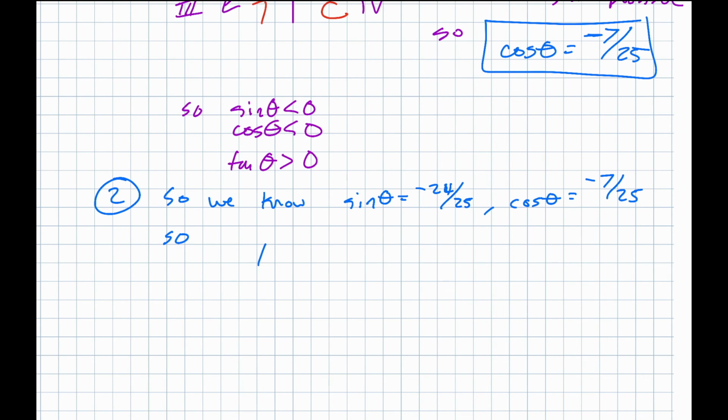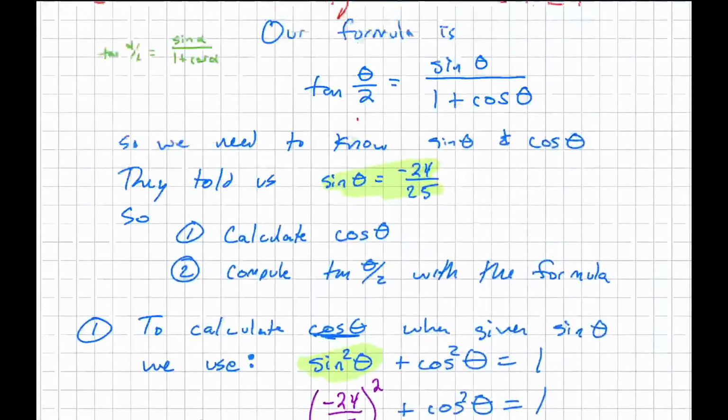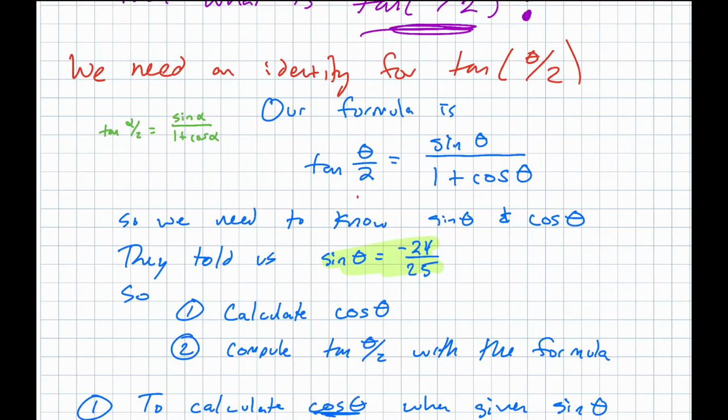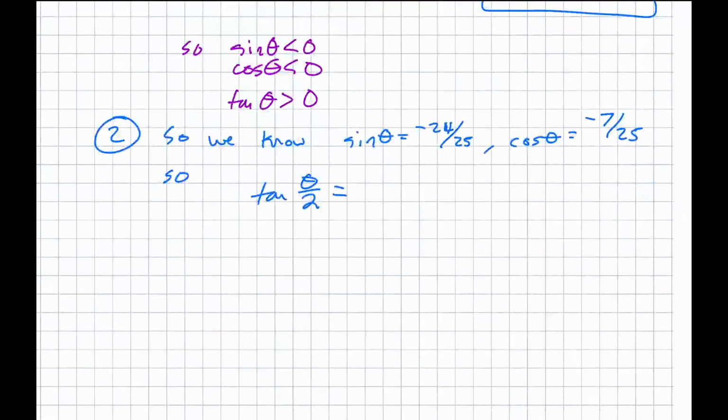So tangent theta over 2, right? Not just tangent theta. In order to get tangent theta, you would divide these, right? But this is tangent theta over 2. And we use this formula here. Sine theta over 1 plus cosine theta. That was the formula that we looked up.